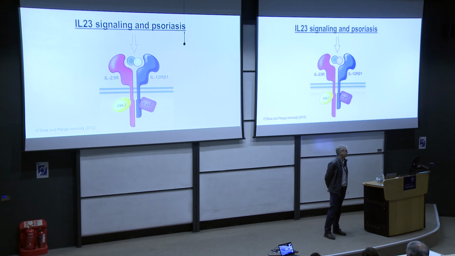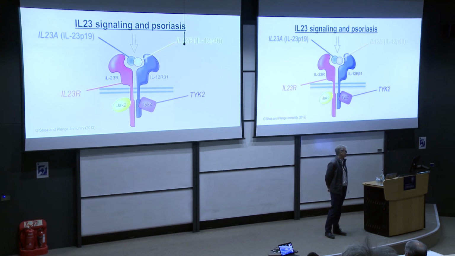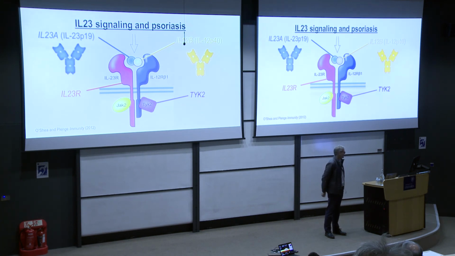So just to tell you very quickly about TYK2 and where it lies within the signaling pathway, it's an intracellular signaling molecule downstream of IL-23 and IL-12, but also other signaling molecules, including interferon gamma. And there have been multiple genetic studies in psoriasis which have implicated different components of this signaling pathway. So the P19 and P40 components of the ligand, one of the two subunits of the signaling receptor, and then TYK2 itself.